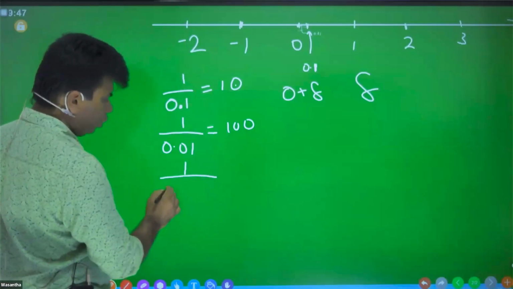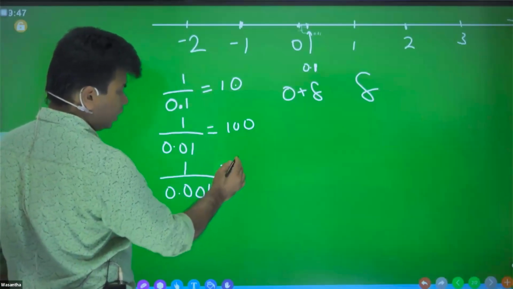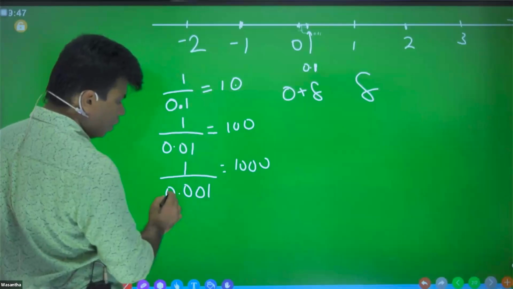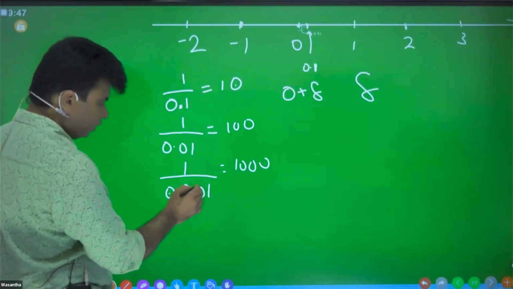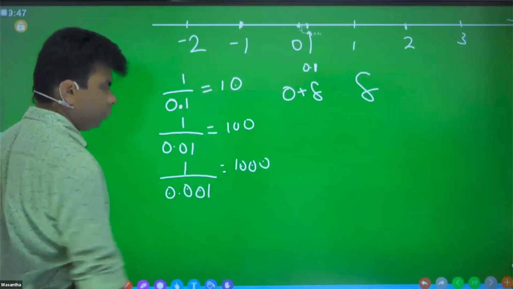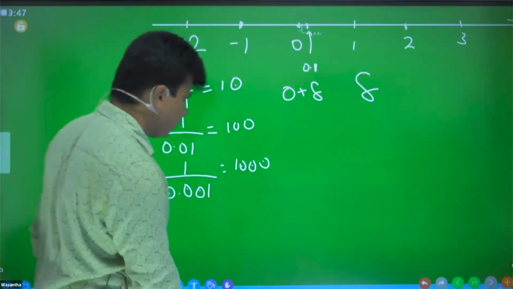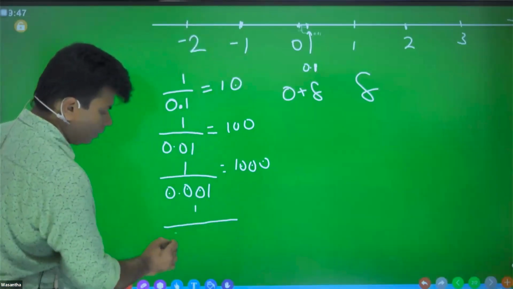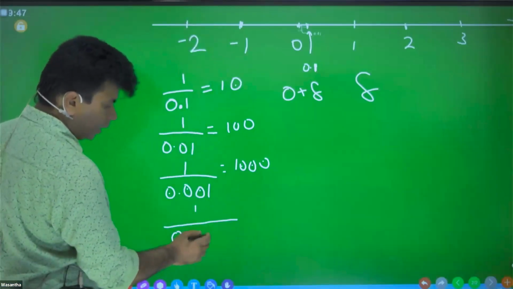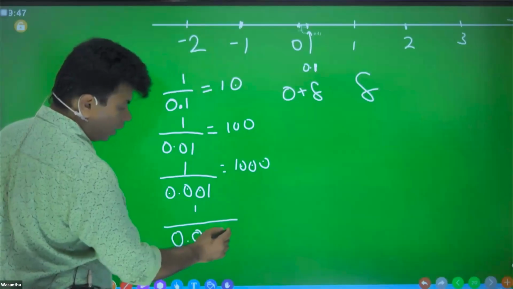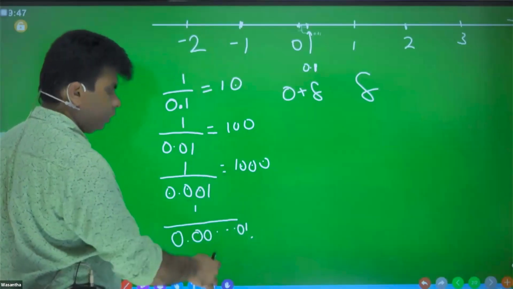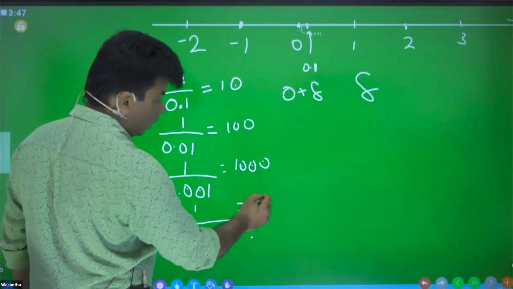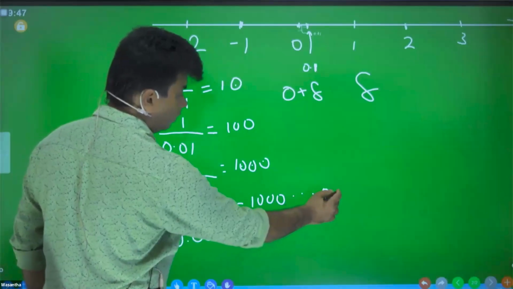Then 1 over 0.001 is 1000. That means the number of zeros matches. If you have 9,999 zeros and 1 after the decimal point, then you will have 1 and 10,000 zeros.